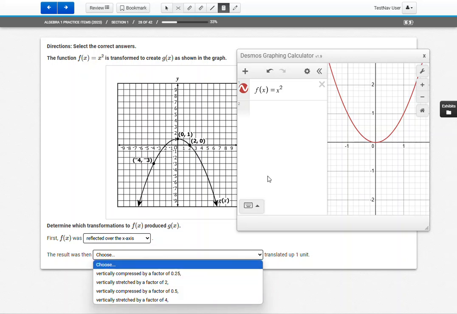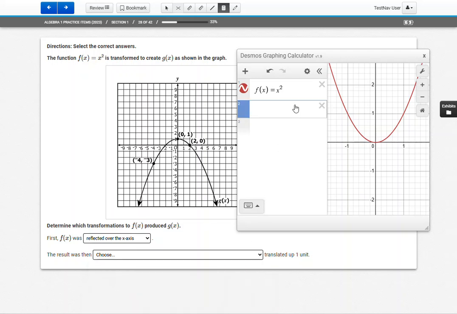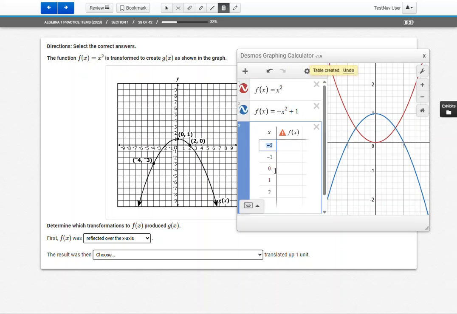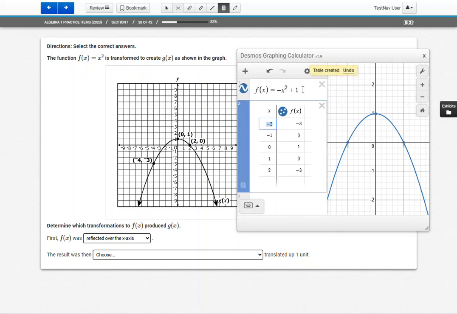So f of x equals negative x squared puts it down, and then translated up would be up like that one. And if I look at the coordinates for this, 0 goes to -3, here 0 goes to 1, 2 goes to 0.